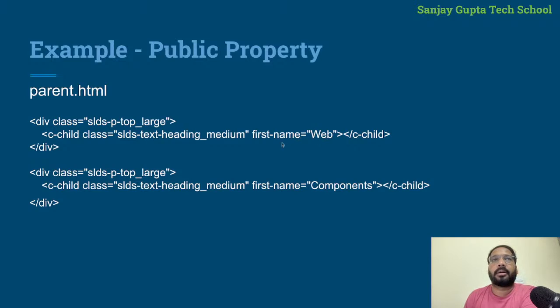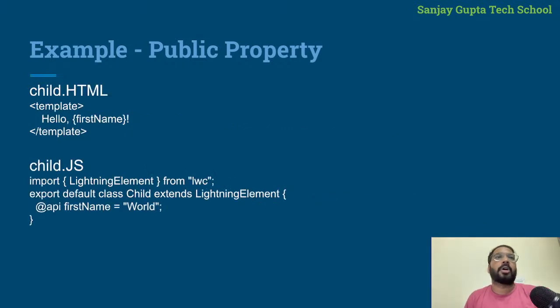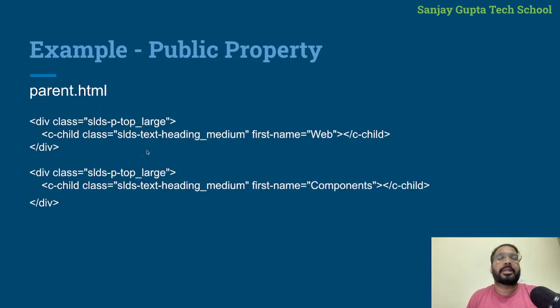Okay, so here we are calling it twice in the parent component. Every time you call the child component, you can pass different values, and accordingly results will be available. Again, these are two components. First you need to implement this component, then you will implement this component, and on the home page you can place your parent component, but you need to deploy both child as well as parent from VS Code to your org.